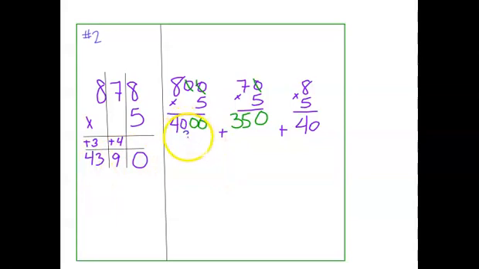When we add these things up together, we will get the same answer as we did over here. Zeros, 5 and 4 is 9, 0 plus 3 is 3, and 4 and nothing is 4. All right, next problem.